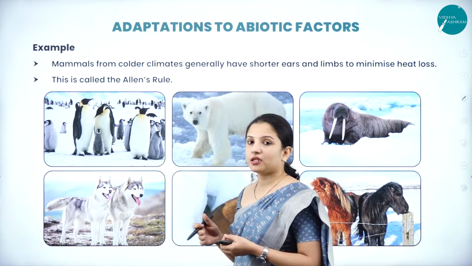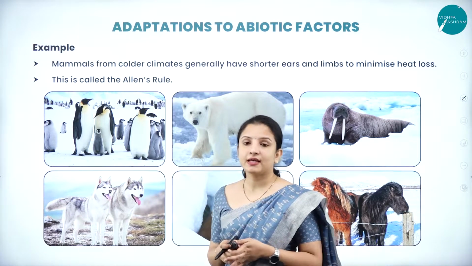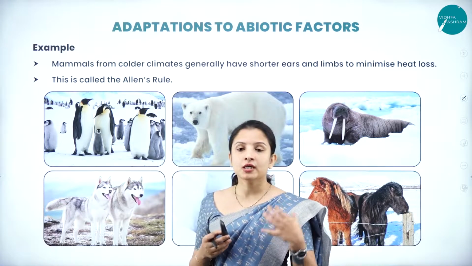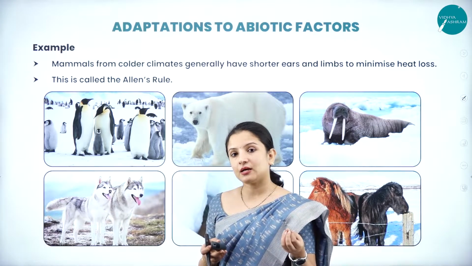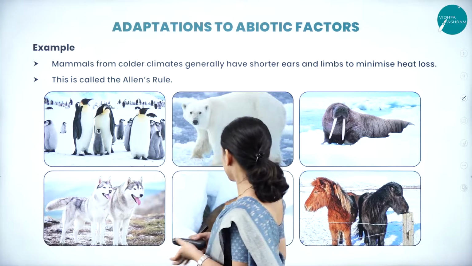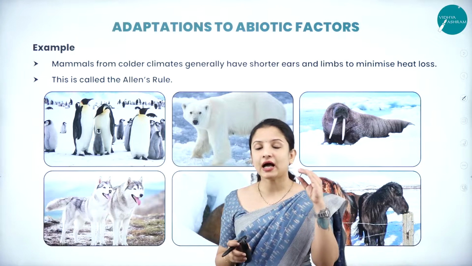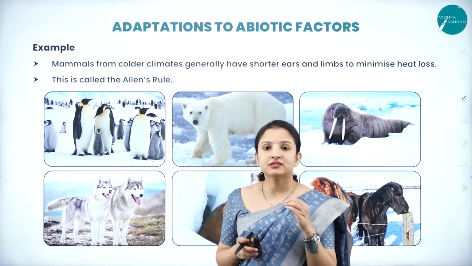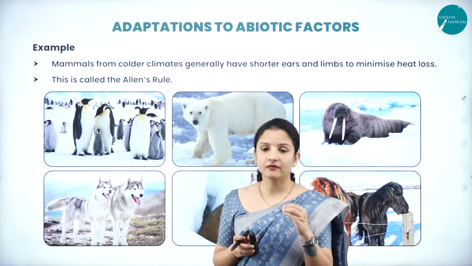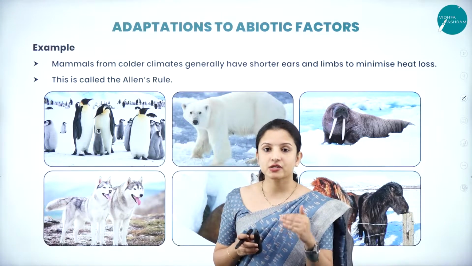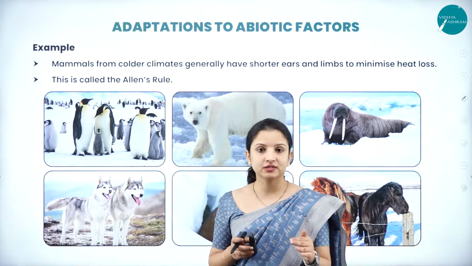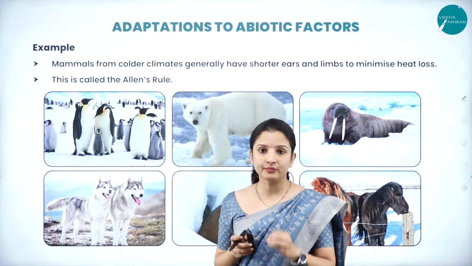In this particular region, the animals have thick furs on their body. Not just that, if we take the example of seals that live in the polar regions, they have a thick fat covering called blubber under their skin, which insulates the body of the seal, therefore keeping the heat within the body.